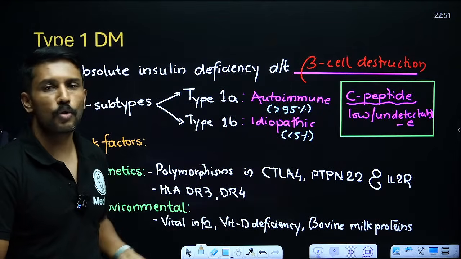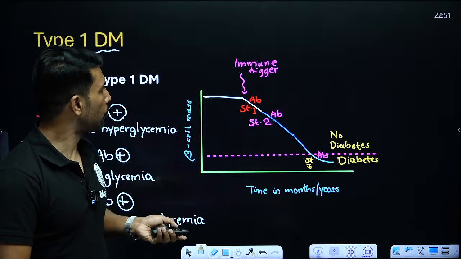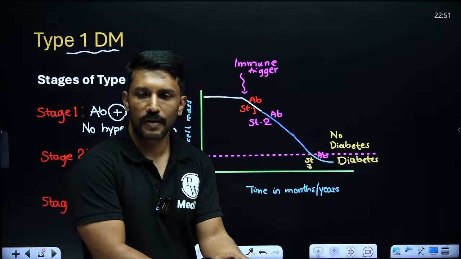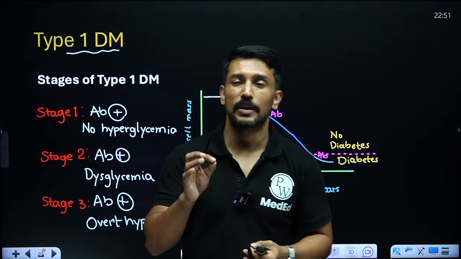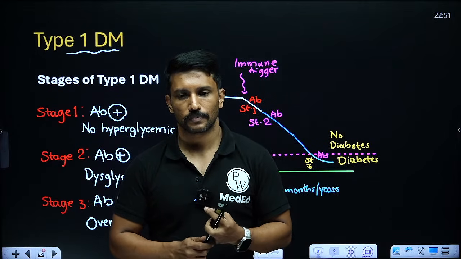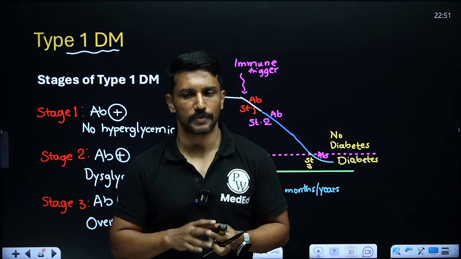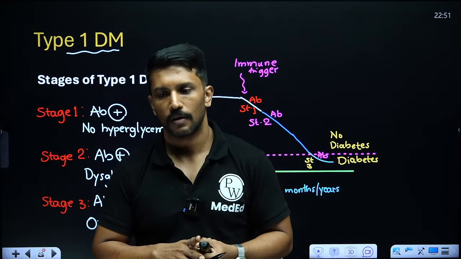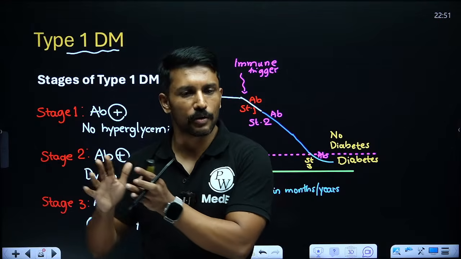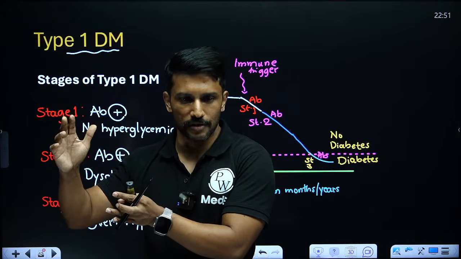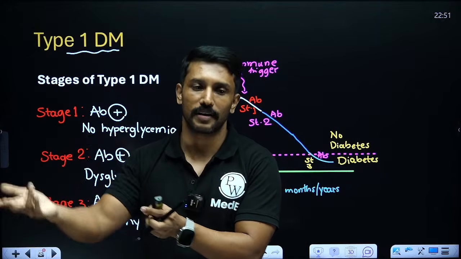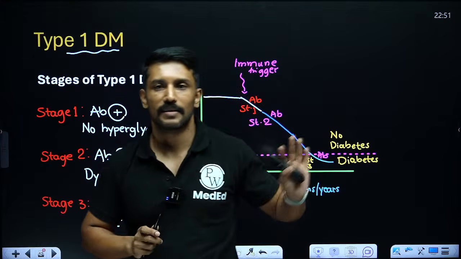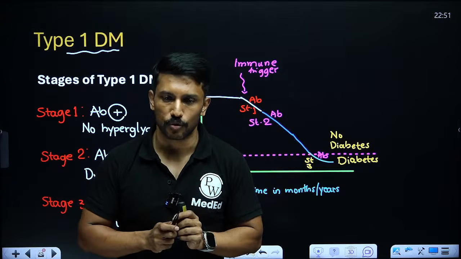Now, looking at this whole pathophysiology, I want you to tell me a few more points. Can this patient be managed without insulin? Dysglycemia means impaired glucose regulation, but blood glucose levels are not in the range where I can call it diabetes. Yes, these patients cannot be managed without insulin. Why?